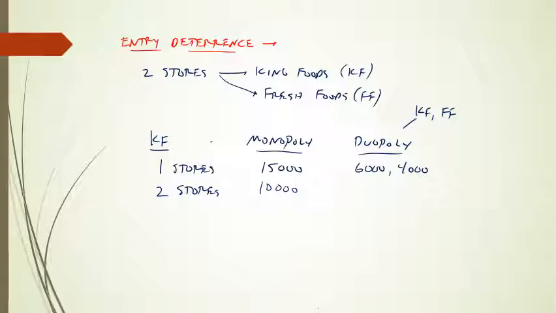Finally, if King Foods builds two stores and there's a duopoly with entry, then the profits are a little bit lower for both firms, $4,000 and $2,000. Let's also suppose there is a fixed entry cost for Fresh Foods. So Fresh Foods has a fixed entry cost of $3,000.